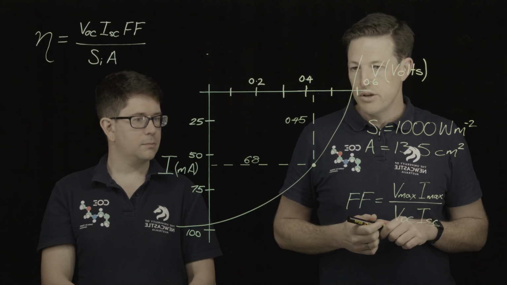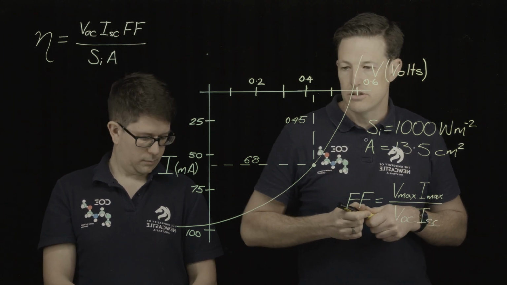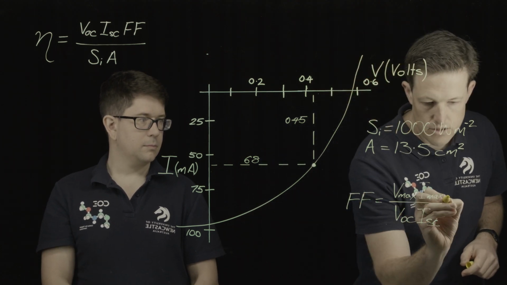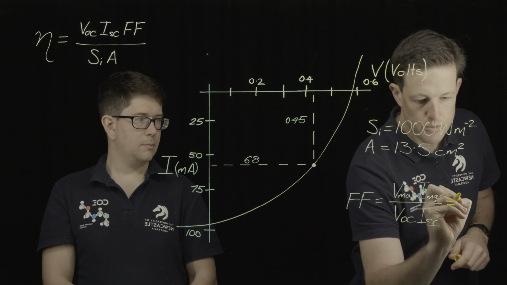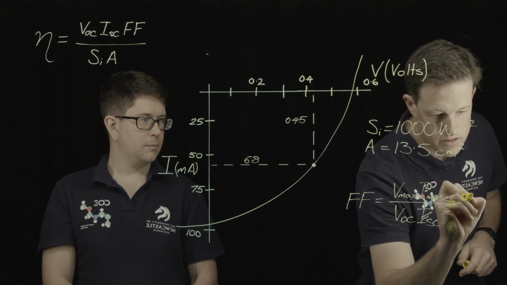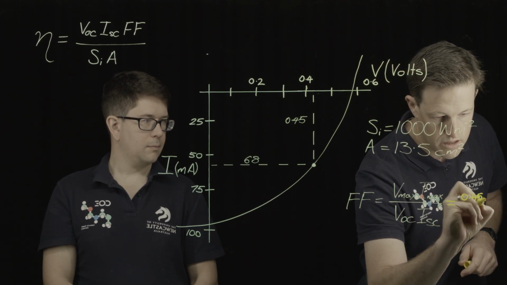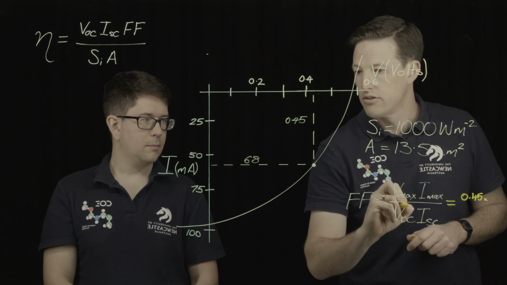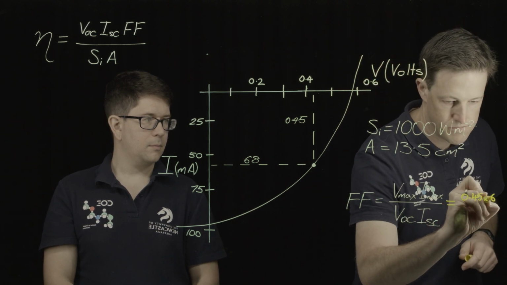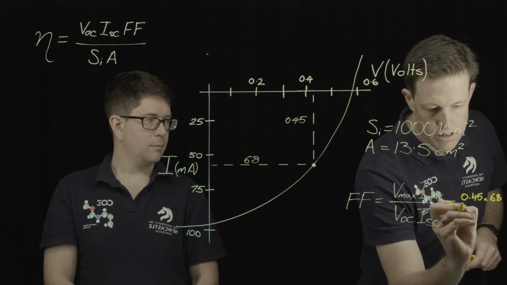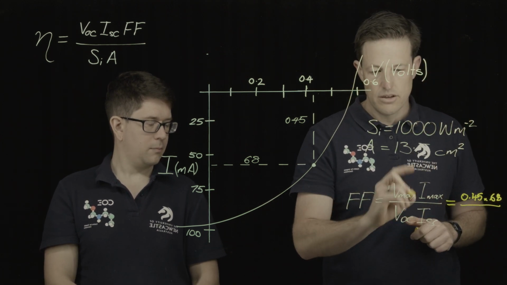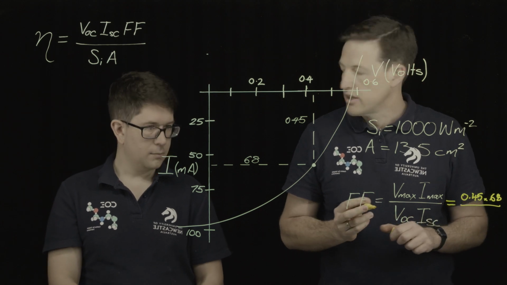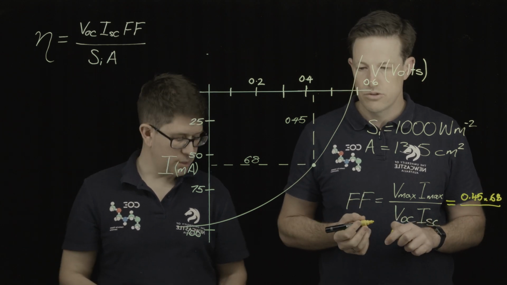So if now we put these numbers into the equation, Vmax is 0.45, times 68, and that is over our VOC and ISC. Now, I don't have those numbers on here, so Nick, do you want to show us where those are?